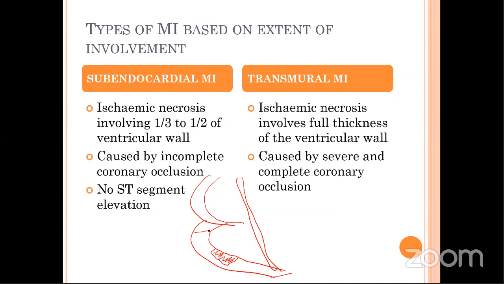Whereas if you have full thickness infarction, this is transmural. So this is subendocardial and this is transmural. So these are the two types of myocardial infarct based on the extent of involvement of the infarct. And in transmural, you will obviously get a ST segment elevation in ECG.